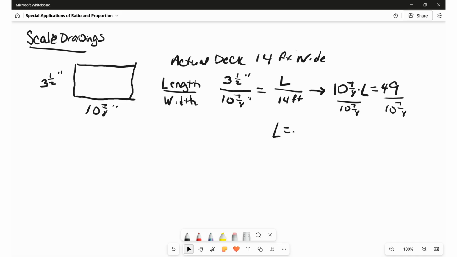And that gives us that the actual length of our deck is going to be 4.5 feet long. So this is just an example of how we might use ratio and proportion in some applications.